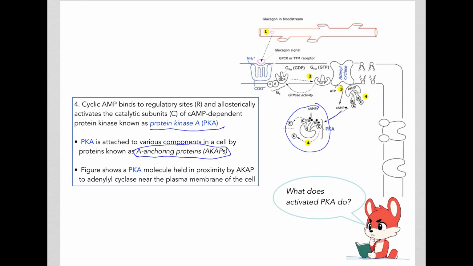So here in this figure, we see a PKA being held together by AKAP at the plasma membrane. Okay, so the AKAP can have this PKA located in different parts of the cell. So in this case, the PKA is held at the plasma membrane by the protein AKAP.